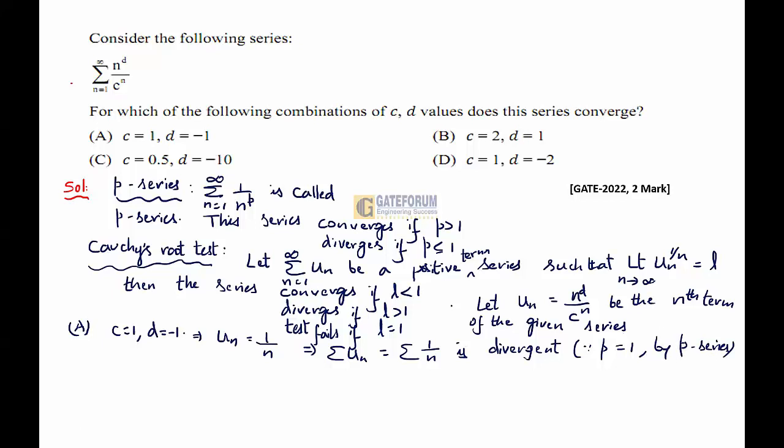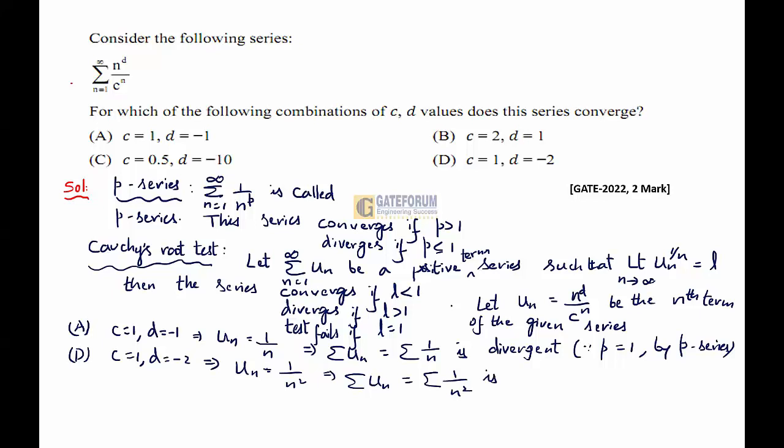Similarly, C is a number generally. C is equal to 1 in option D. C is equal to 1, comma, D is equal to minus 2. Your nth term becomes 1 by n square. Implies summation un is equal to summation 1 by n square is the given series.